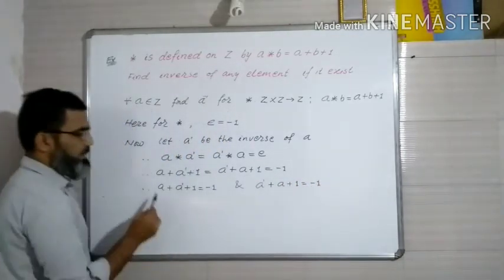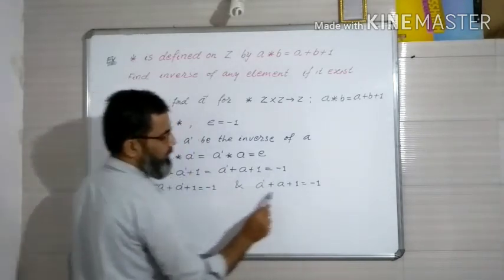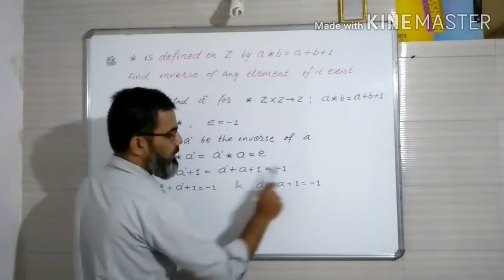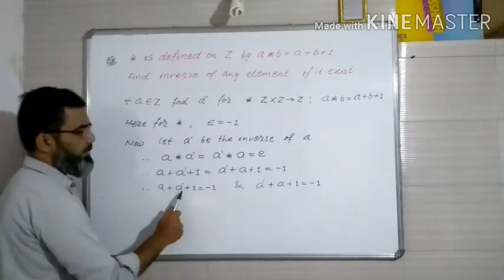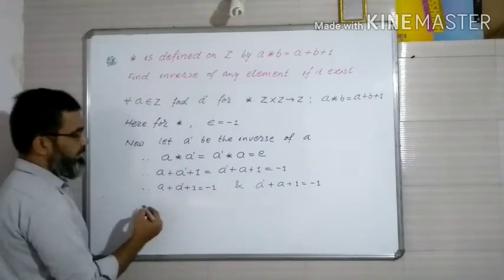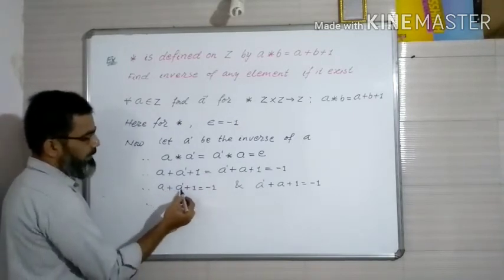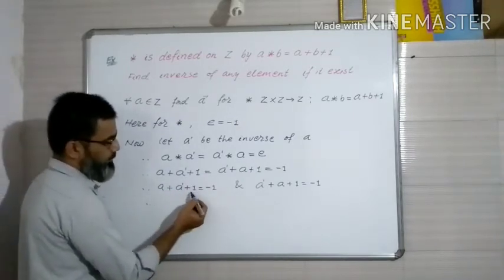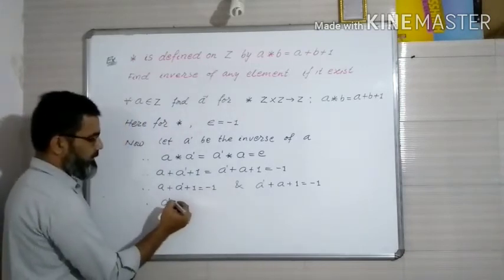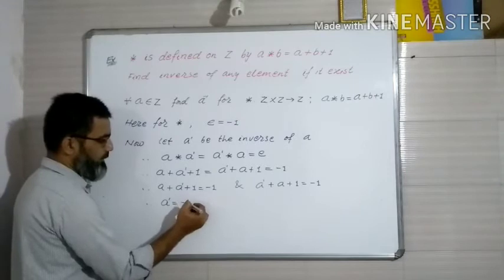You can take directly this step also. No need to write this step. Okay, you can take this step directly. Now find A dash. To find A dash, let us shift A plus 1 to the right side. So it will become minus. A dash is equal to -1.